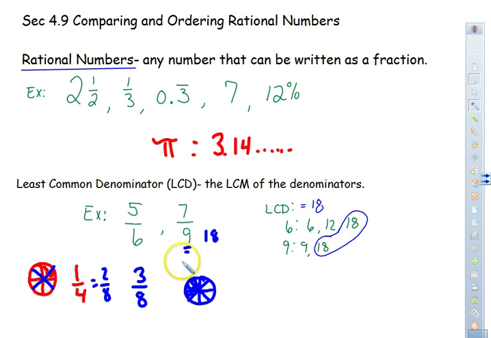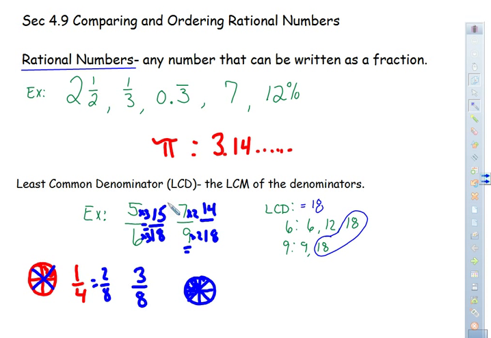So when you do this, you're going to compare, and you're going to say, well, this number is going to become an 18, so 9 times 2, so 7 times 2 is 14. And this is also going to be equivalent to a number over 18, so we multiply by 3, so 5 times 3 gives me 15.